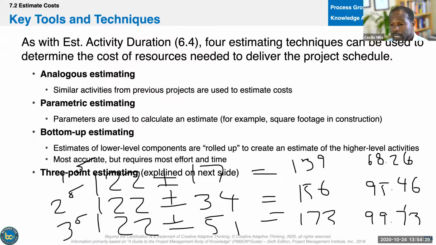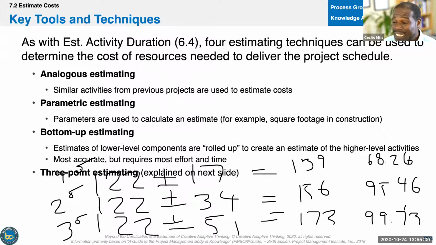Yep. So using beta or PERT, I can say that I have a 68.26 level of confidence that Karen will arrive to work within 139. If I give her 139 minutes, she'll be on time 68.26% of the time. If I give her 156 minutes to show up to work, or if she gives herself that much time, even if there's delays, she'll probably still make it to work on time 95.46% of the time.